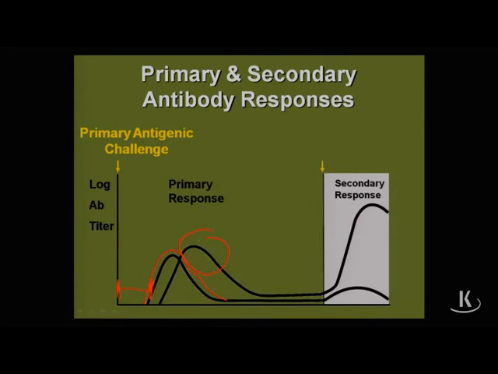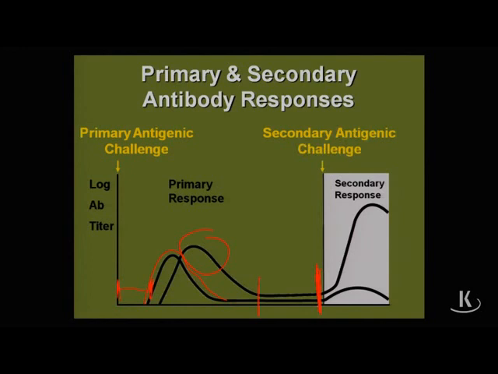All right? And then, as you know, plasma cells die off within about 2 weeks. And after the antigen is gone and there's no more plasma cells being made, your antibody response really kind of dies down. Okay? What you're left with, though, is the memory response, which we'll talk about a little bit later.